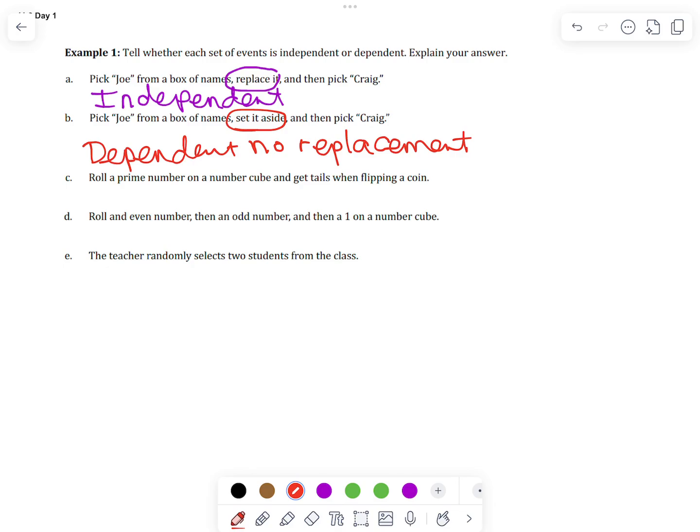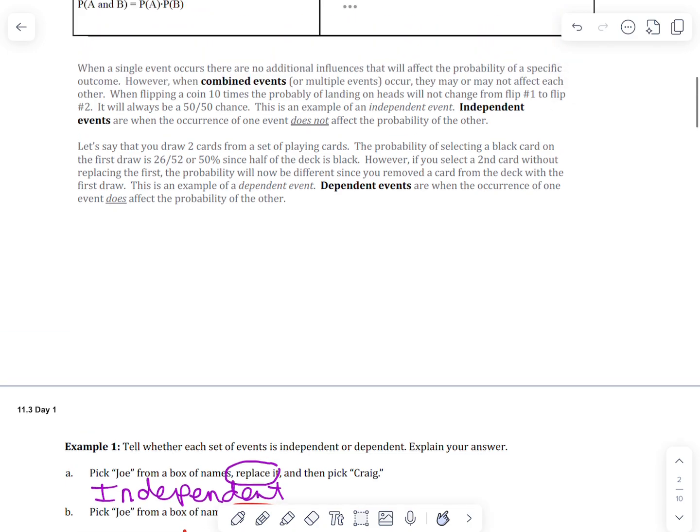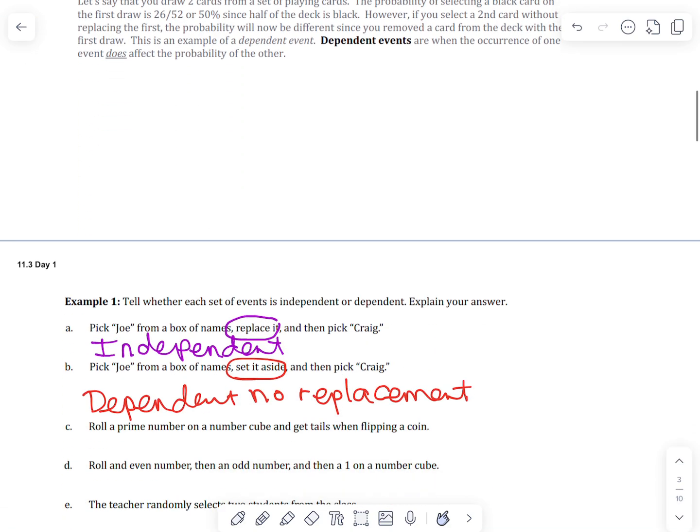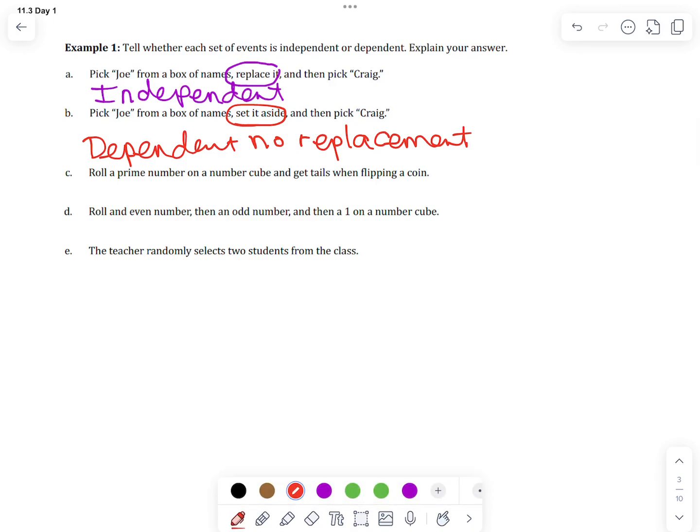You roll a prime number on a number cube and get tails when flipping a coin. So if we go back to our description here, flipping a fair coin or rolling a die is going to have equal probabilities. So this is considered independent. Roll an even number, and then an odd number, and then a number 1.